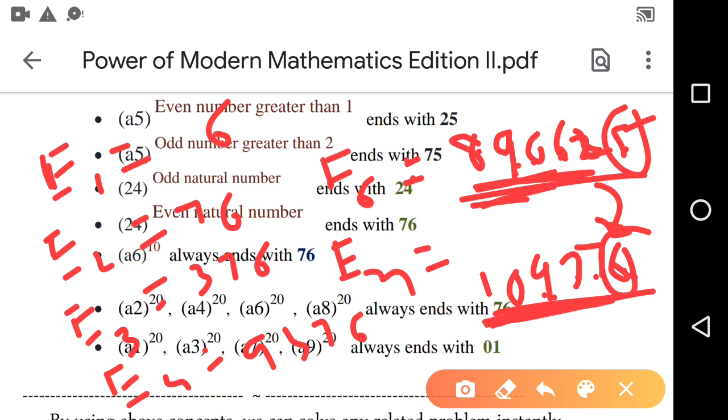And similarly, friends, we can consider F1 as 5, F2 as 25, F3 as 625, F4 as 0625, F5 as 90625, and F6 as this.